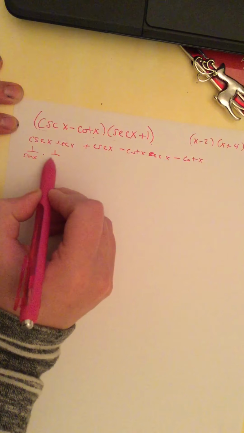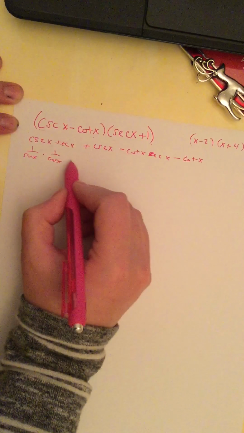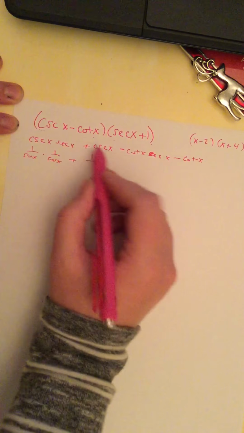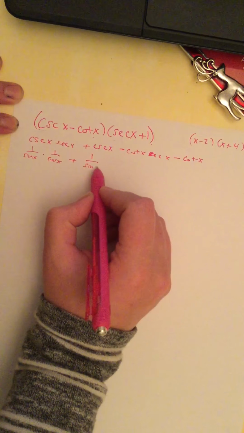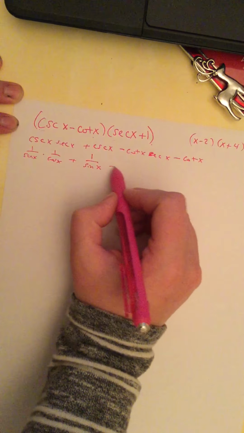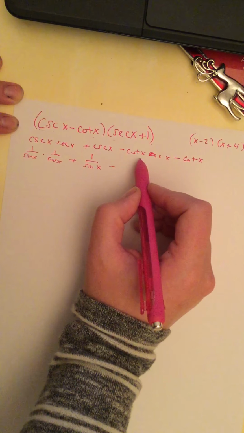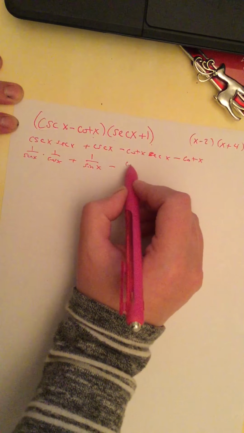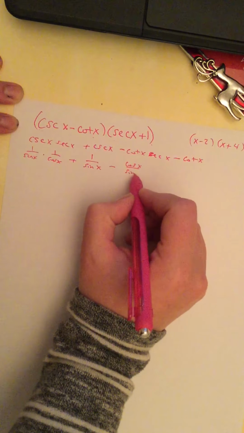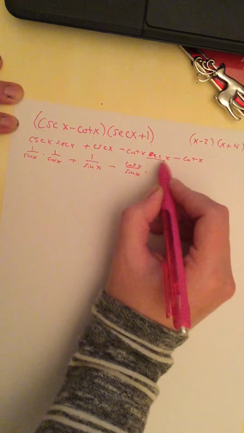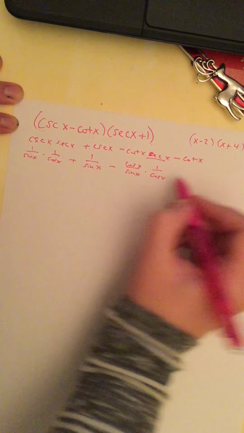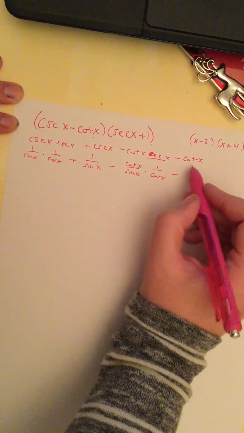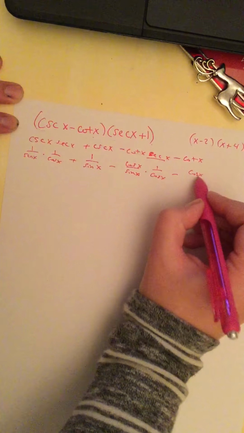I know that secant is 1 over cosine. I know that cosecant is 1 over sine. Cotangent, if you remember, tangent is sine over cosine, so cotangent is cosine over sine. Secant is 1 over cosine, and then minus cotangent, which again is cosine over sine.